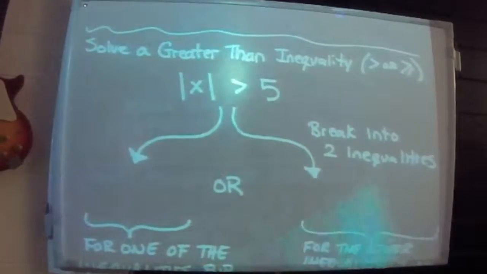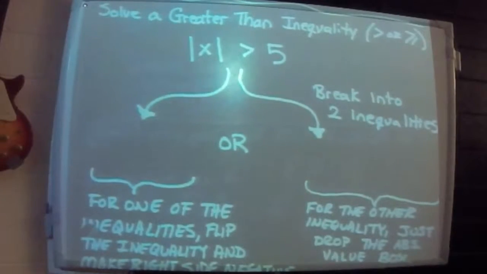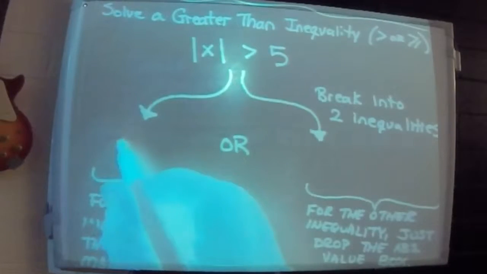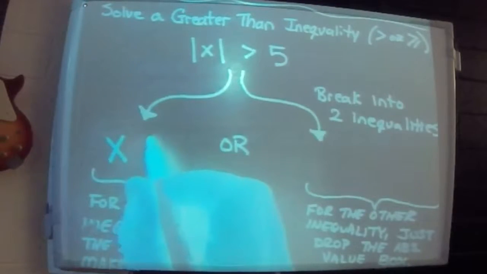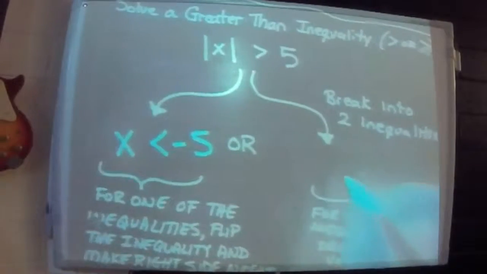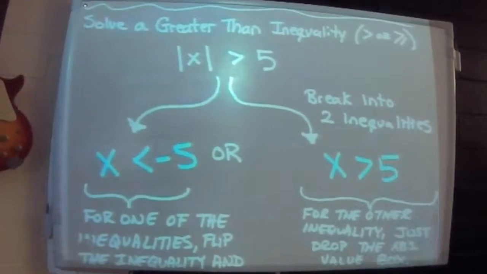All right, for one of the inequalities, flip the inequality and make the right side a negative. So basically this is absolute value greater than. So we're going to say x now ends up being less than negative 5. And then the other one is x is greater than regular 5.